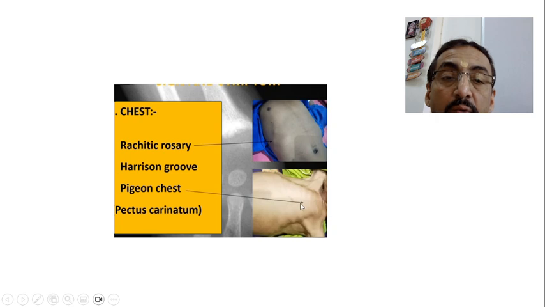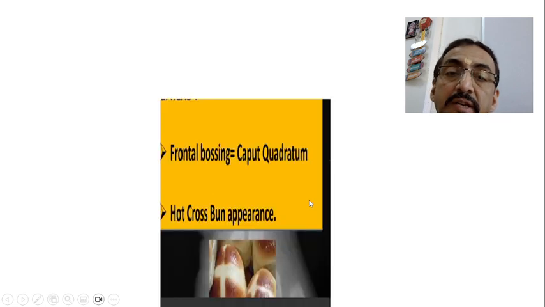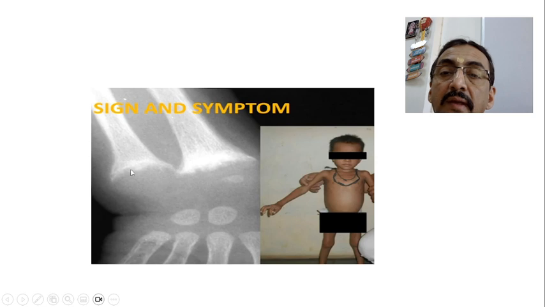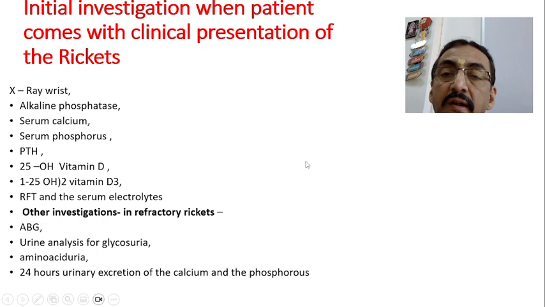There is also a Harrison groove because of the diaphragmatic pull, and this is pigeon-shaped chest. And this is frontal bossing and hot cross bun appearance. These are some of the other signs and symptoms we have already discussed.